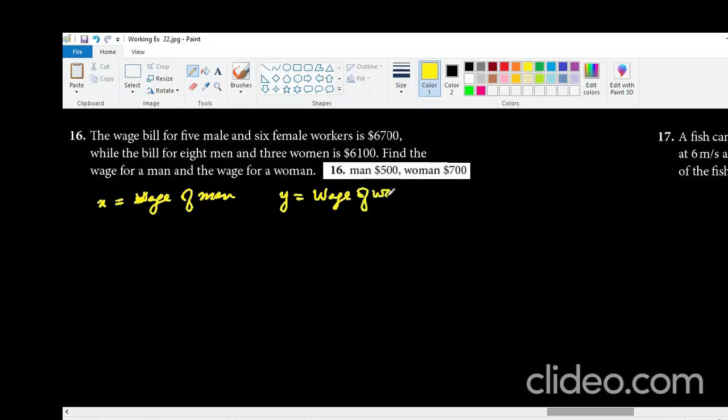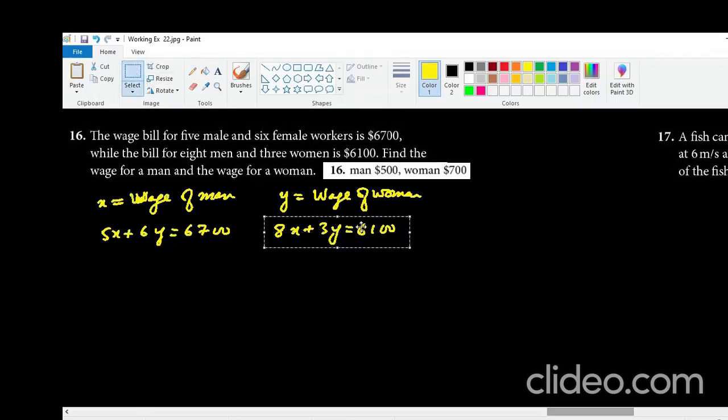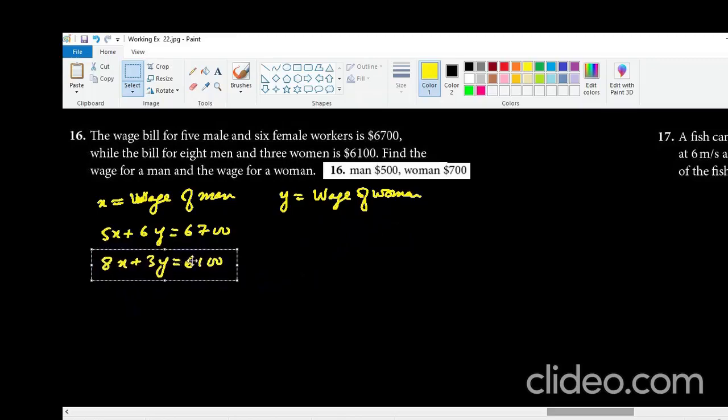According to the condition, 5x plus 6y equals 6700 and 8x plus 3y equals 6100, according to the condition given in the question itself. If I take these equations down below, now I will use the elimination method. I am going to multiply the first equation by 8 and the second equation by 5.